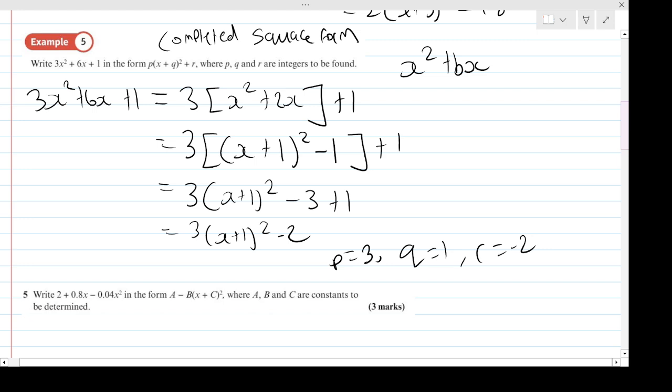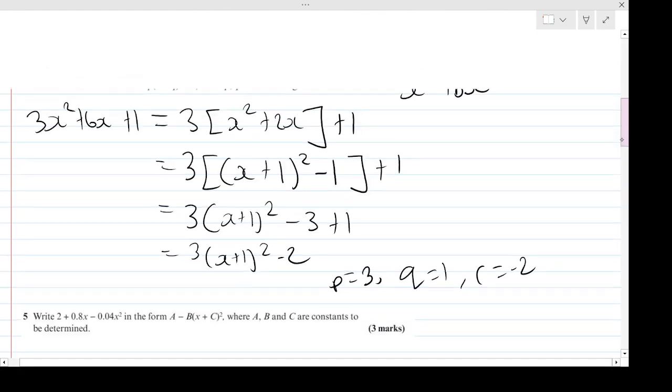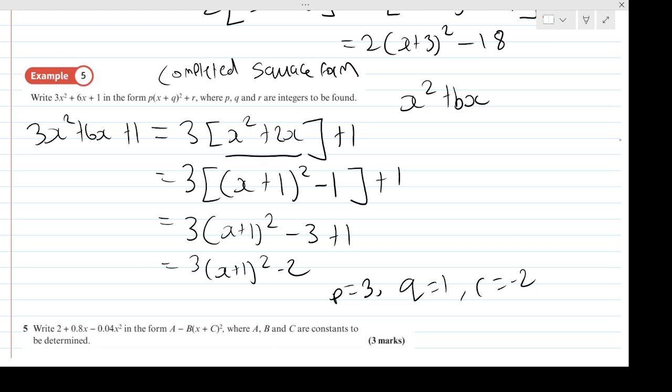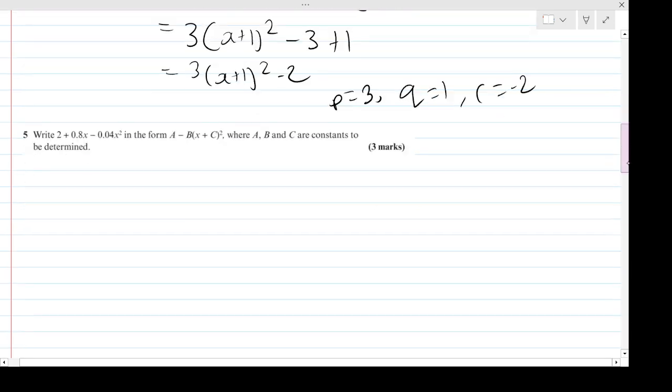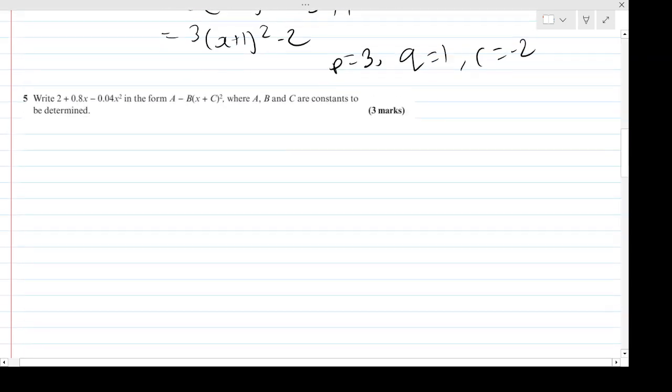If we have a number for the x squared, we factor that number out, and then if we have a number at the end, we just tap that number on after. So really, the whole idea is we complete the square of this bit inside, and then we go from there. Okay, have a look at another example to really reinforce what we've done.